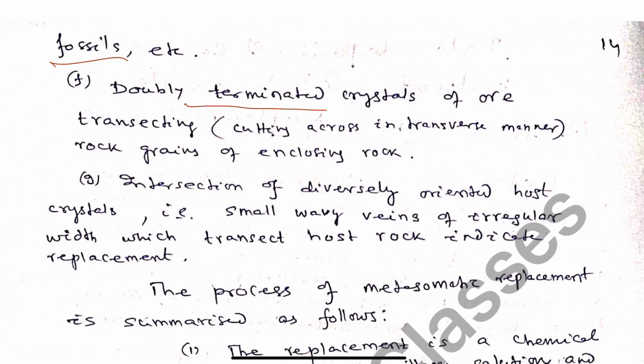And there occur doubly terminated crystals of ore transecting rock grains of the enclosing rock. The ores are found as doubly terminated crystals.